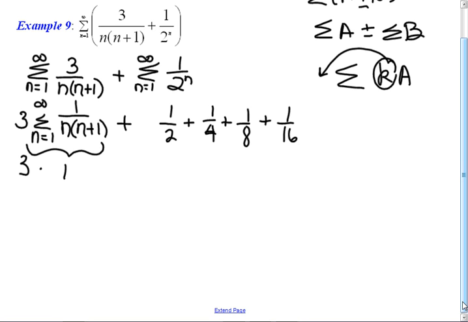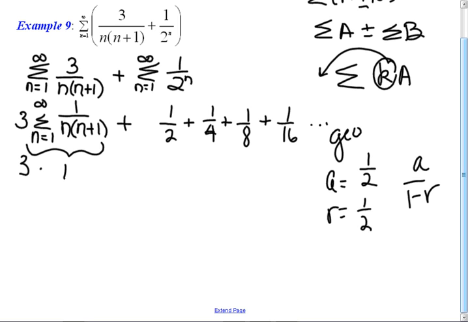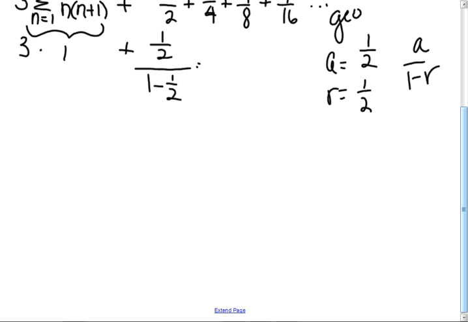But you recognize this? It's geometric. So what's your A value? What's your R value? 1/2. So it's A over 1 minus R. So it's going to be plus 1/2 over 1 minus 1/2. Well, that's 1/2 over 1/2. So it's 3 plus 1, which is 4. Got to be careful where you start. That counter matters.